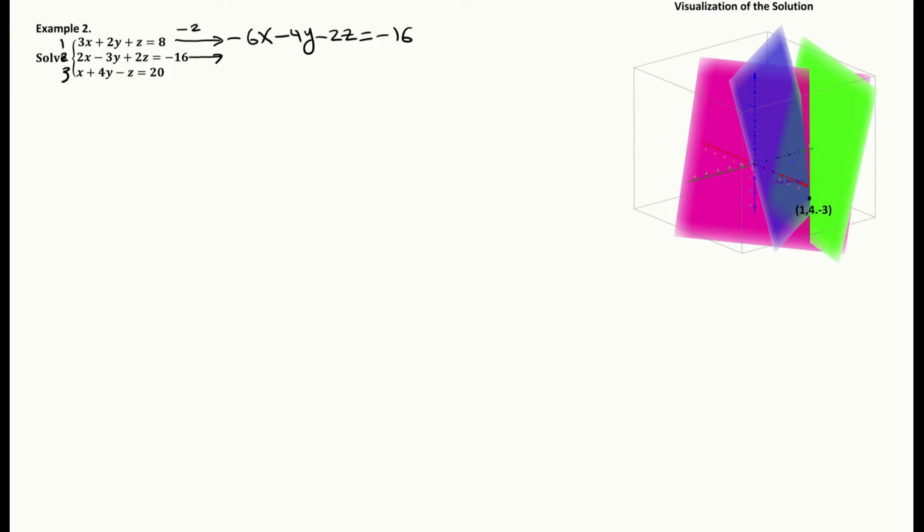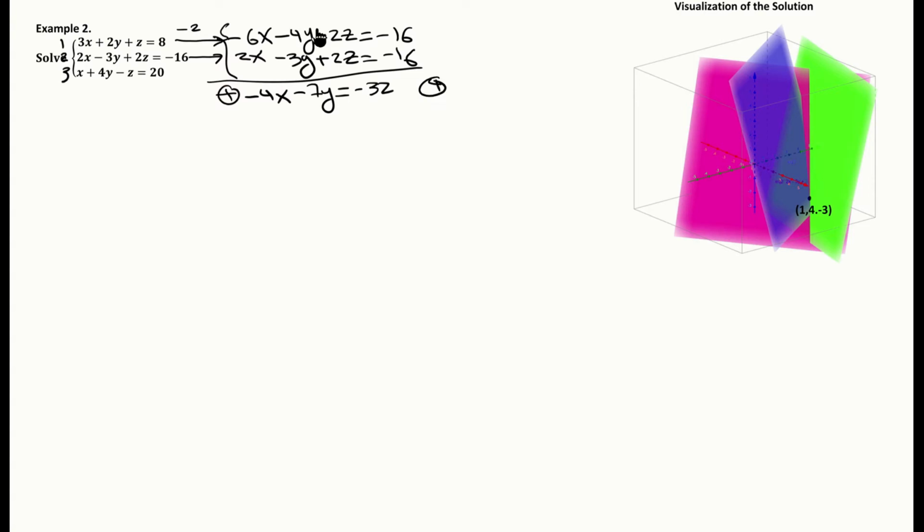We bring equation 2 over without changing it, so we have 2x minus 3y plus 2z equals -16. So we go ahead and add those two equations now to get -4x minus 7y equals -32. And that's a new equation that we have, so we will go ahead and call it equation 4.